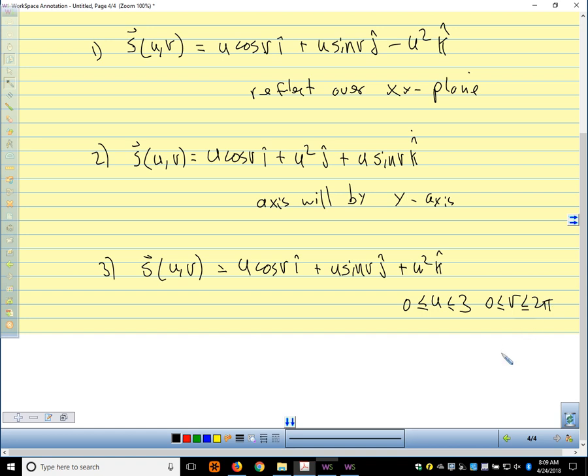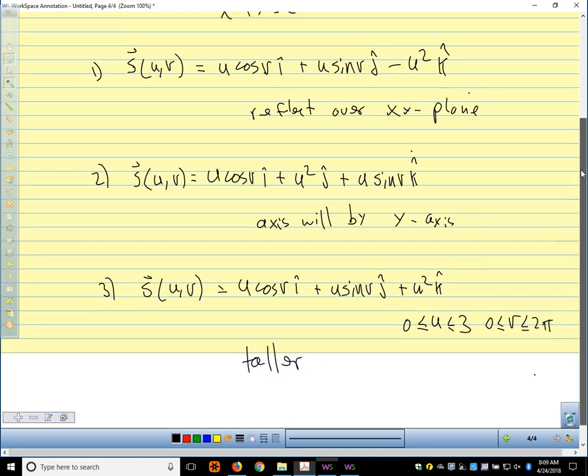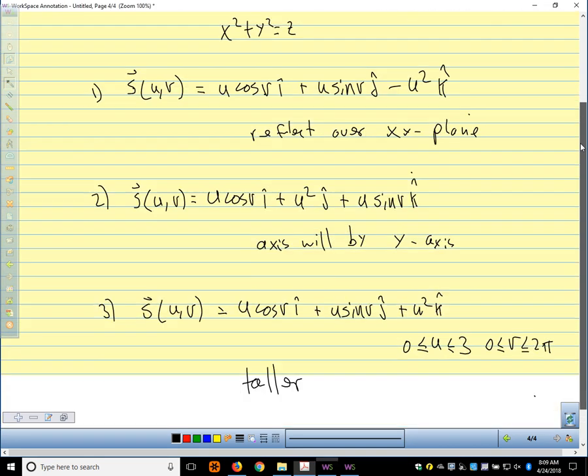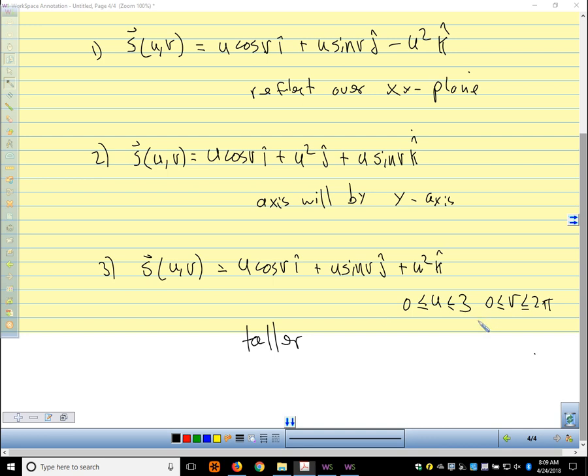So that's going to make it taller, because this one just goes from 0 to 2, and this one goes from 0 to 3.